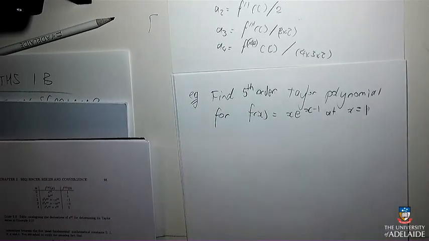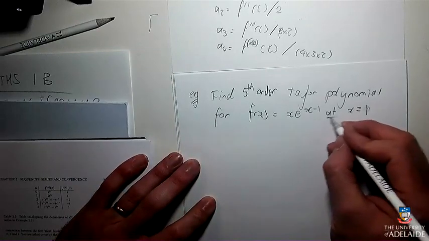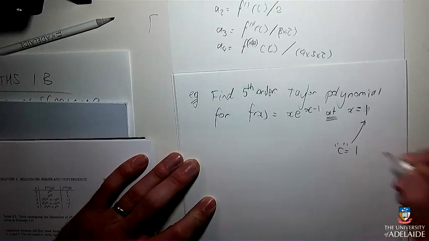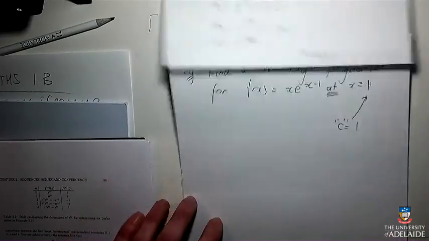So it might be with center c, or with center x equals 1, or at x equals 1, or around x equals 1. There's going to be some location phrase that tells you what the c has to be. Okay, so because of the at, I know that c equals 1.